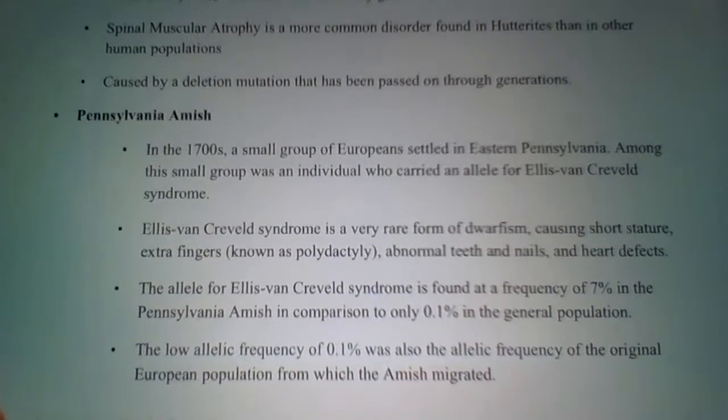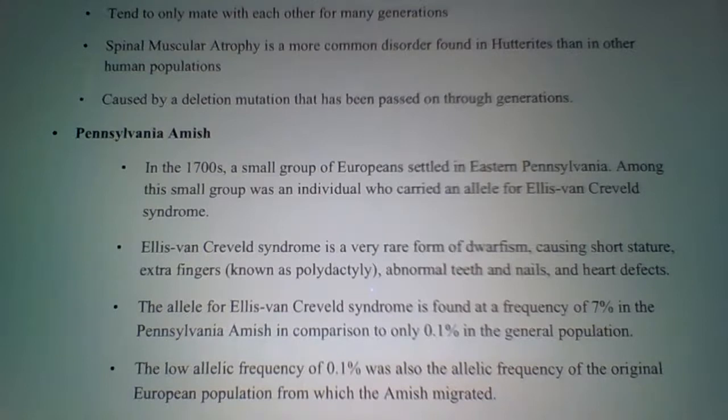Another example is this very rare disease called Ellis-van Creveld syndrome, and it is a rare form of dwarfism.